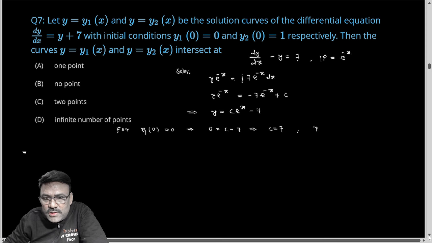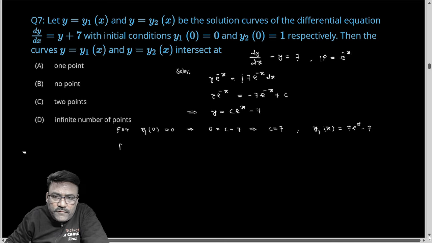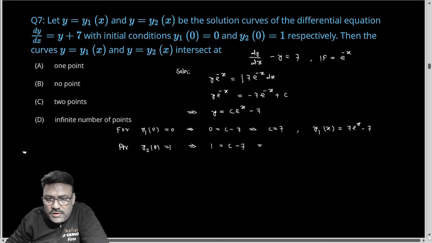That means your y1 curve is basically 7 e raised to x minus 7. And for y2, y2(0) is 1, so 1 = c minus 7. So c is 8 for the second curve, meaning the second curve y2(x) is 8 e raised to x minus 7.